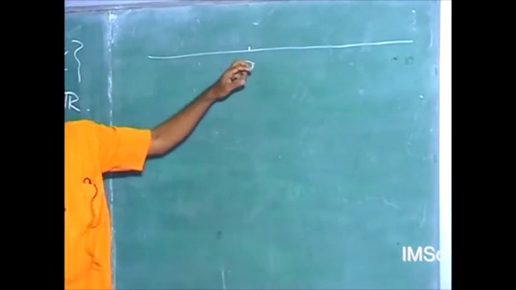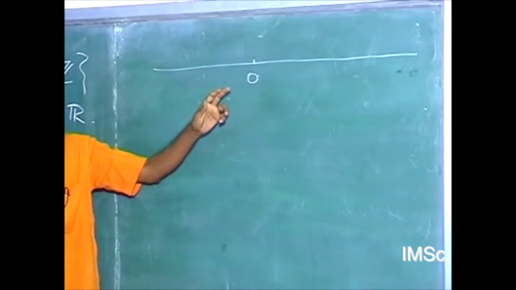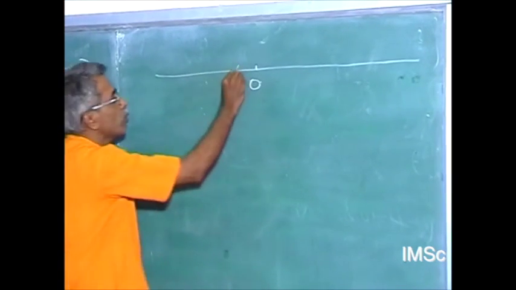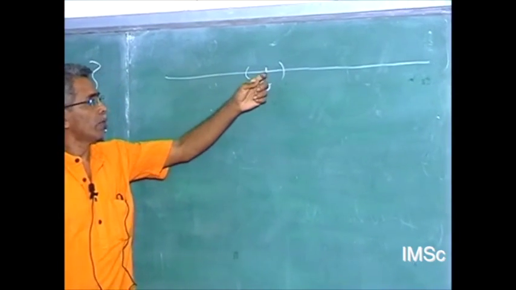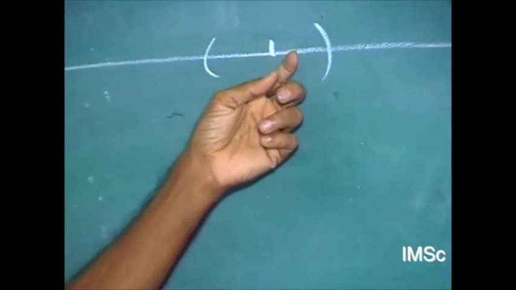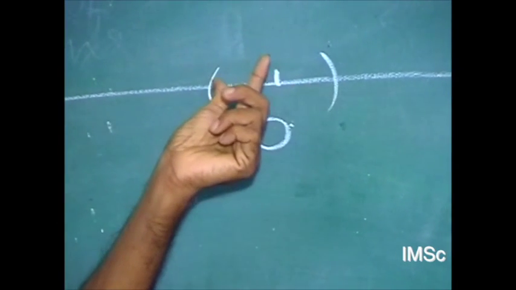So suppose the origin is not a limit point. What does it mean? That means there is some neighborhood which contains only the origin from that set. There is no other element in this neighborhood.